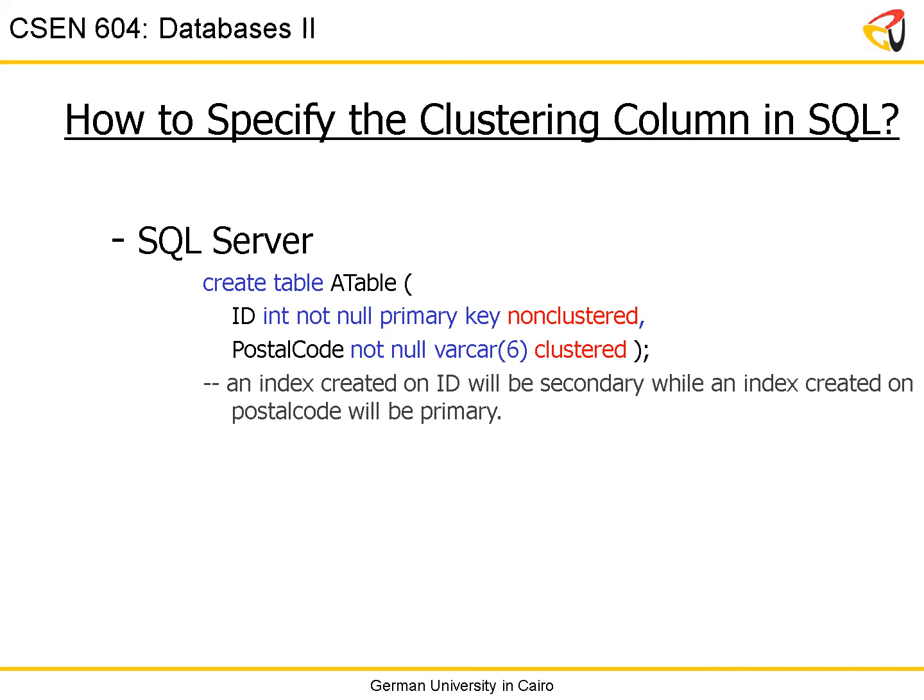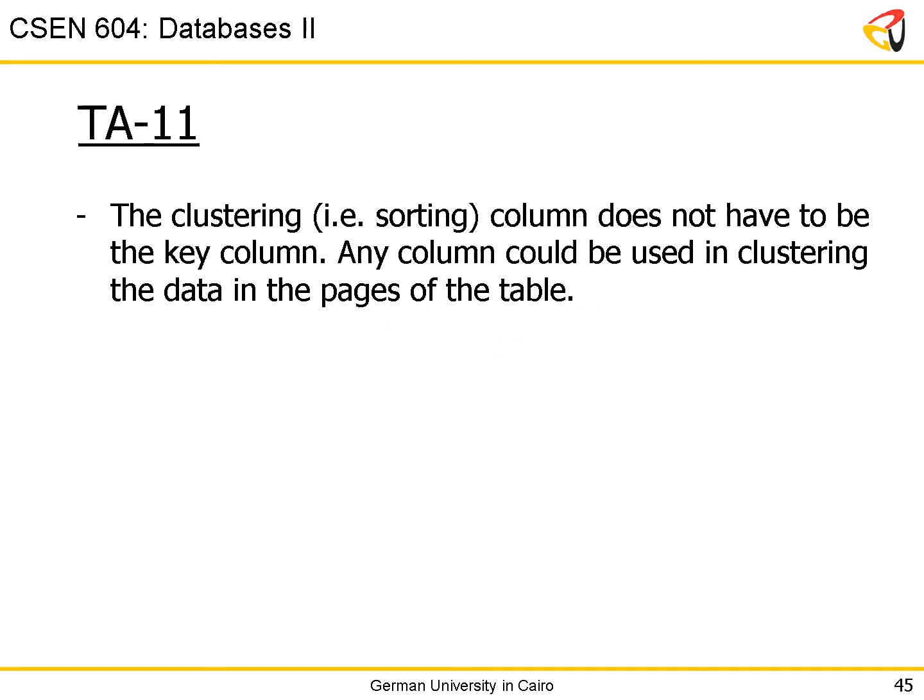Whether the rows are sorted according to that or not, that's another question. Okay? So don't confuse the notion of primary key with clustering with indices. So here's the takeaway. The clustering or sorting column does not have to be the key column. Any column could be used in clustering the data in the pages of the table.